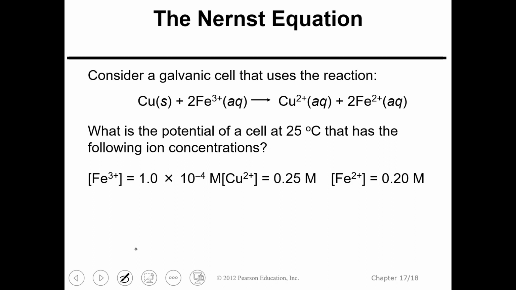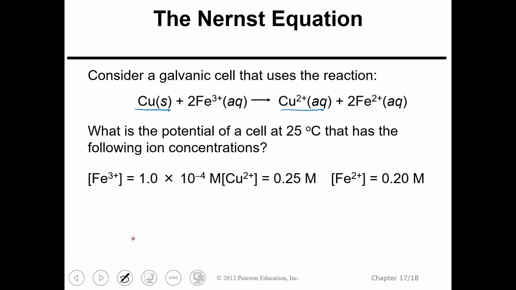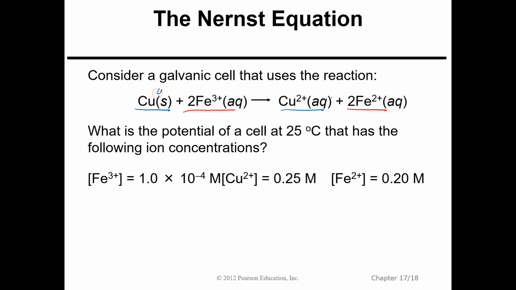In order to use the Nernst equation, we need to know the overall cell potential. So we have, in one case, copper going to copper 2 positive, and then we also have iron 3 positive going to iron 2 positive. Copper goes from neutral to 2 positive.